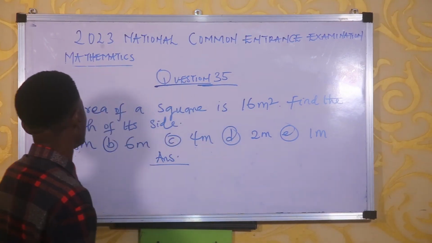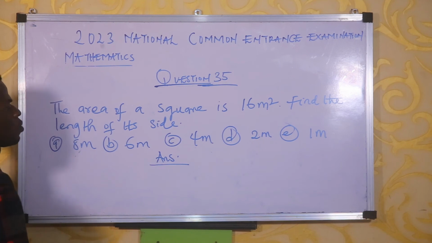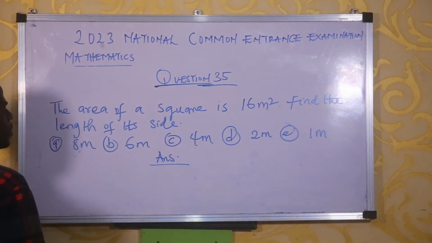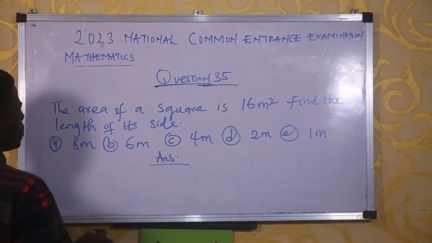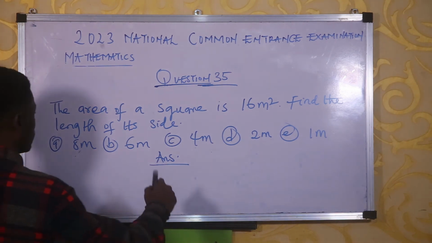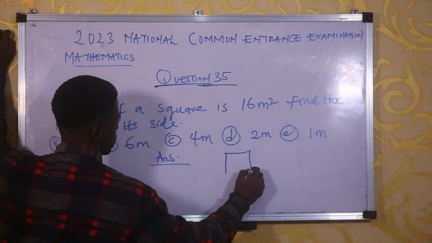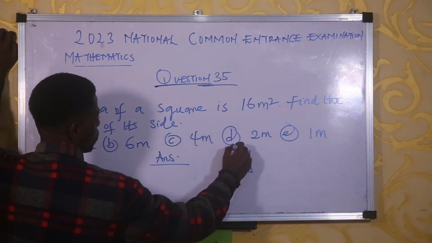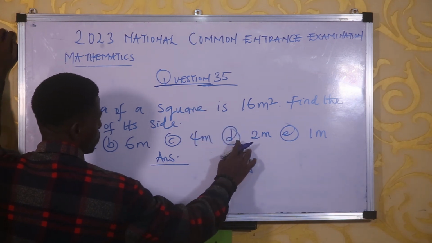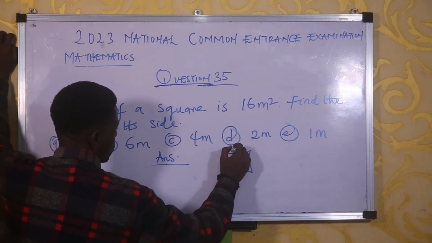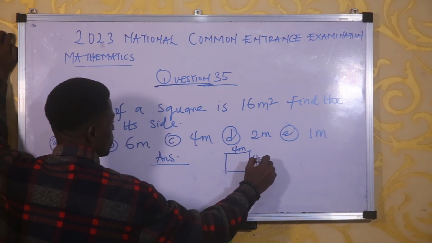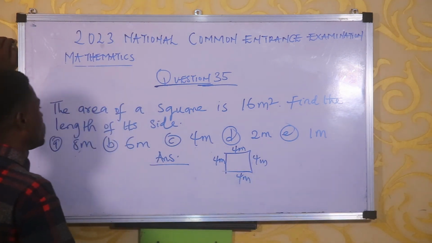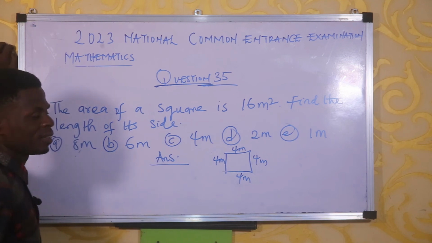Yes, they say the area of a square is 16 meters squared. Now find the length of its side. So these are our square here. Okay, so each side is equal, that's 4 meters, 4 meters, 4 meters, and 4 meters.